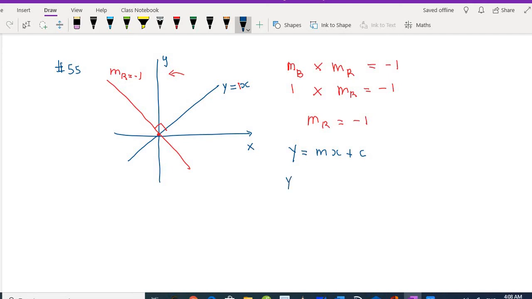So if your gradient is -1 and it cuts at 0, then the equation of this line will be y equals -1x, or simply y equals -x. So let's see which answer gives us this choice, and that will be your answer for this problem. Okay, so that will correspond to answer D.